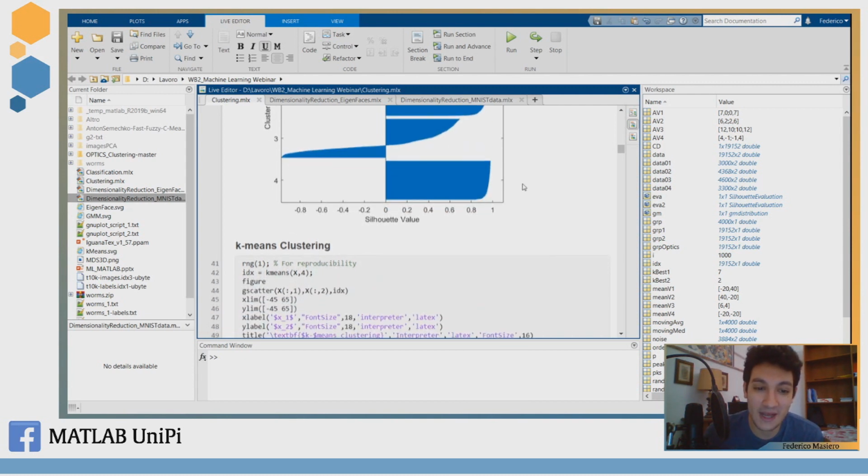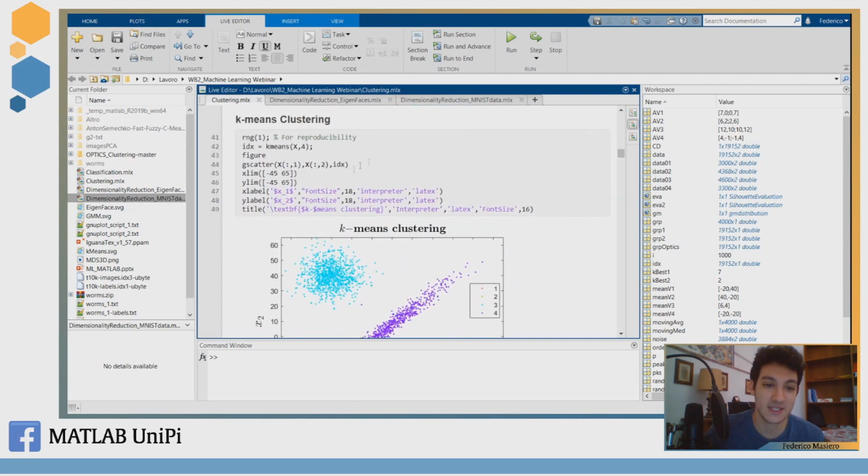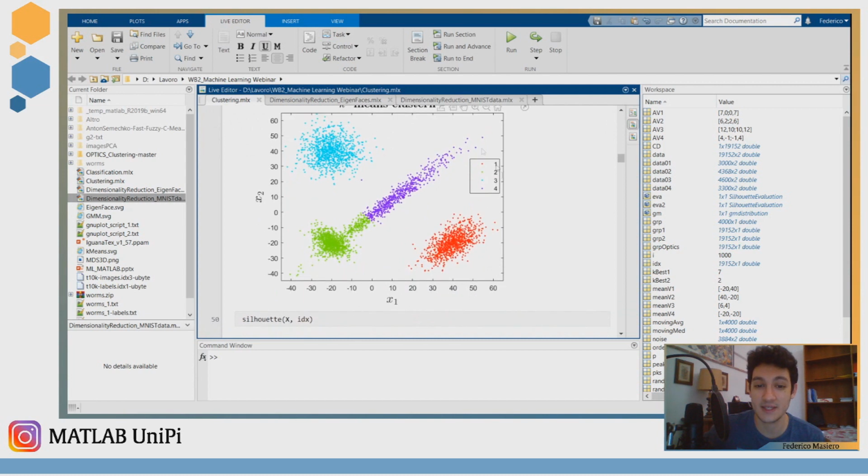Then we run different algorithms, for instance k-means, on the same data set, and this is the result as shown in the slide.